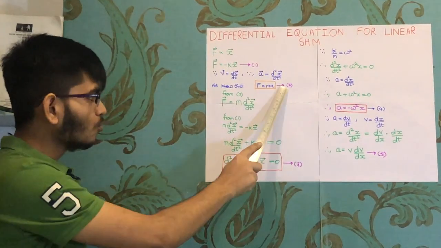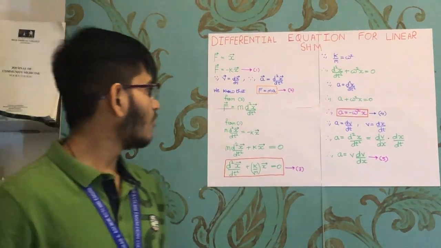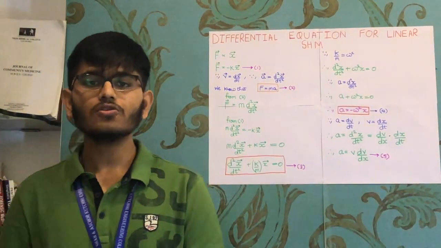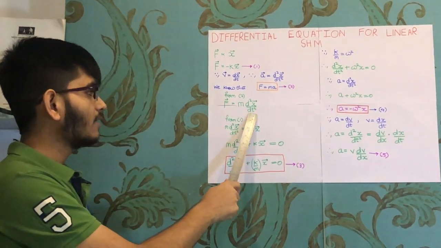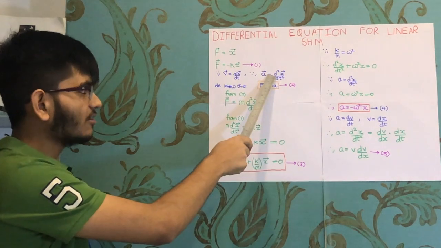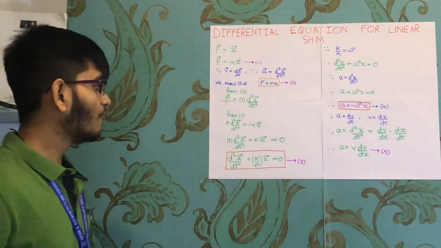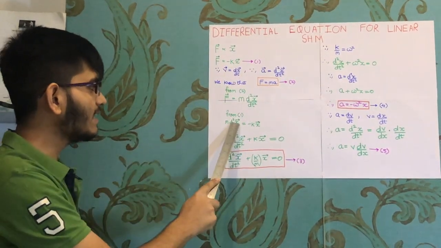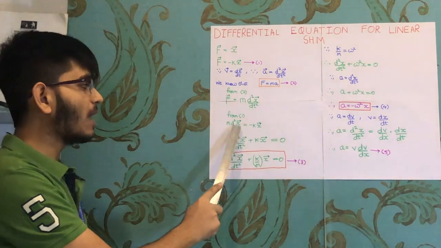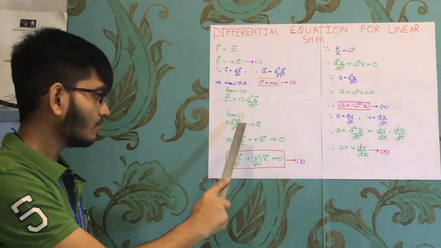Therefore, from 2 that I have defined over here, we can say that force is equal to mass into d square x bar upon dt square, which is acceleration. a is equal to d square x bar upon dt square. Therefore, from 2 and 1, we can say that m d square x bar upon dt square is equal to minus kx bar.